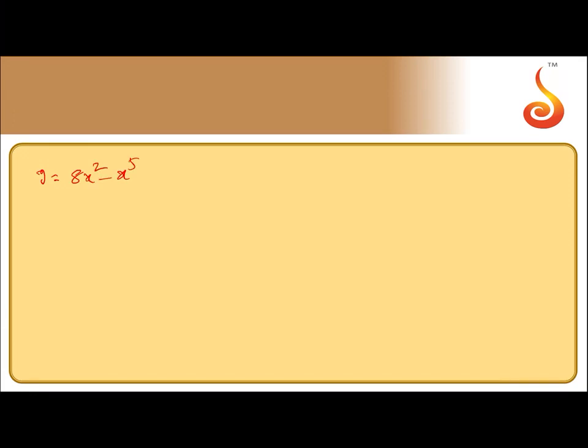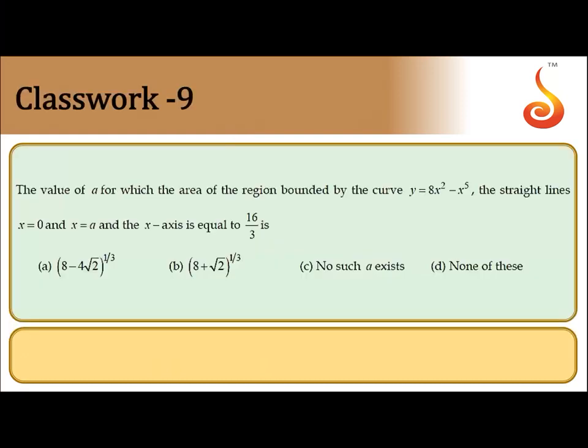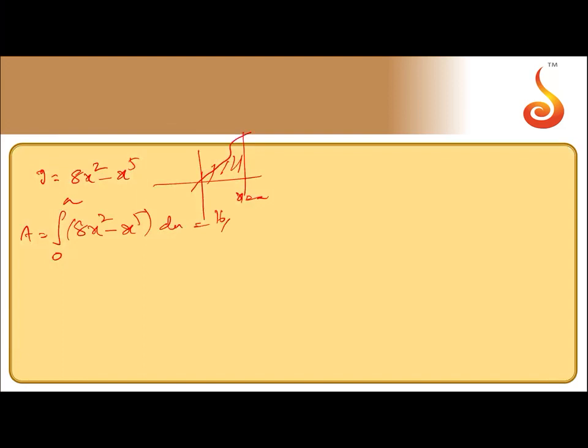This is a curve passing through the origin, something like this, and x equals 0 to x equals A. That area is the integration from 0 to A of y dx, 8x square minus x to the power of 5 into dx, and that area is given as 16 by 3.